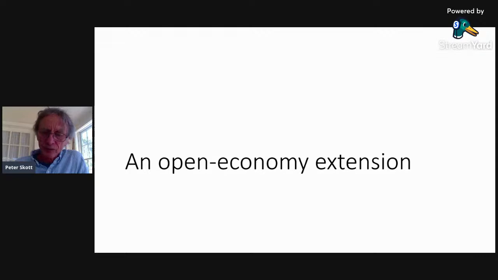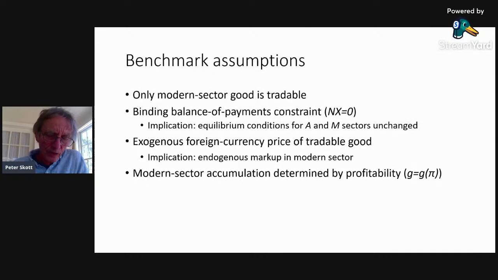Open economy extension, quickly. If only the modern sector good is tradable, which is a reasonable assumption, if we have a binding balance of payments constraint, which as a long run growth assumption may not be too horrible, then the equilibrium conditions for the two sectors are unchanged.